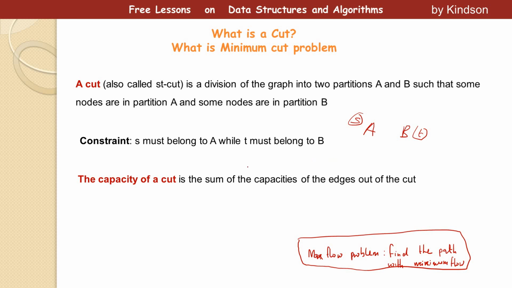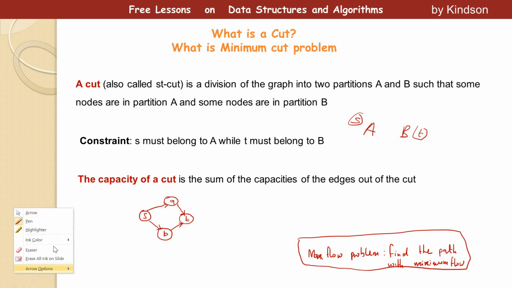Alright, so let's take an example. You have S, you have T, you have A, you have B. If we cut something like this, we've not succeeded in cutting, because here we have S and T in the same part, and A in the same place.